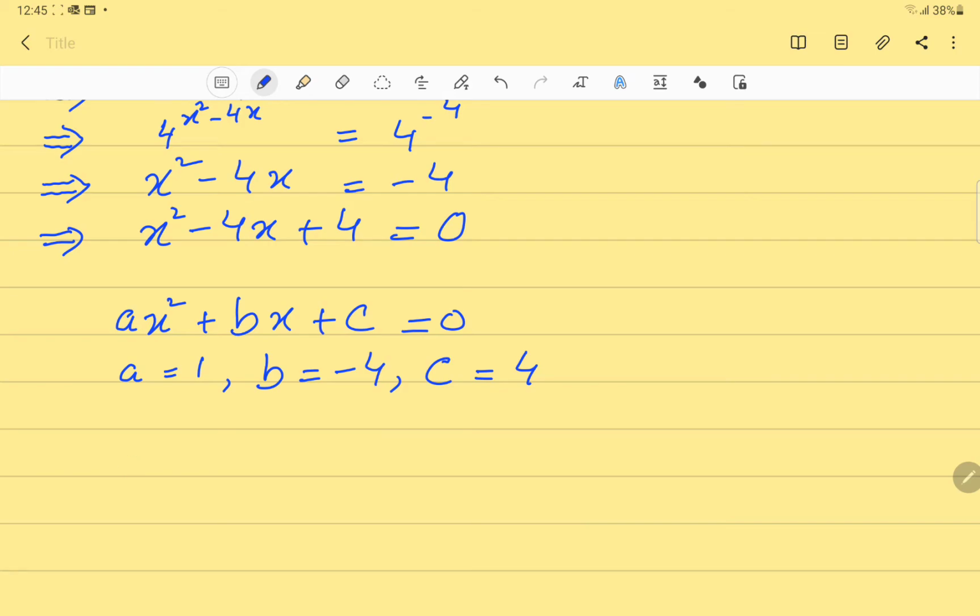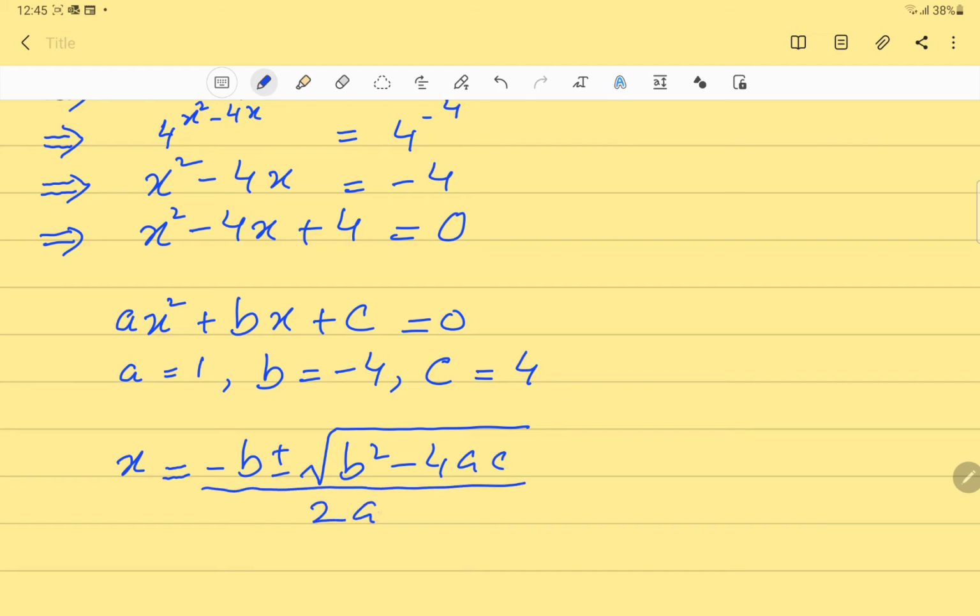Our quadratic formula is x is equal to minus b plus minus square root of b squared minus 4ac over 2a.